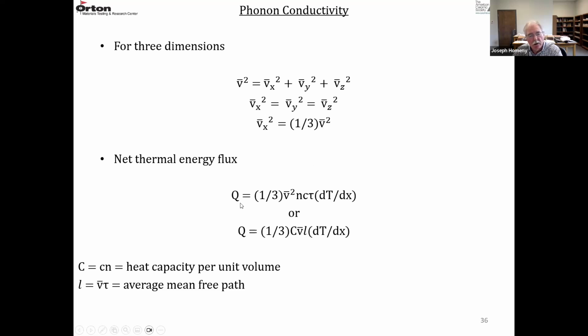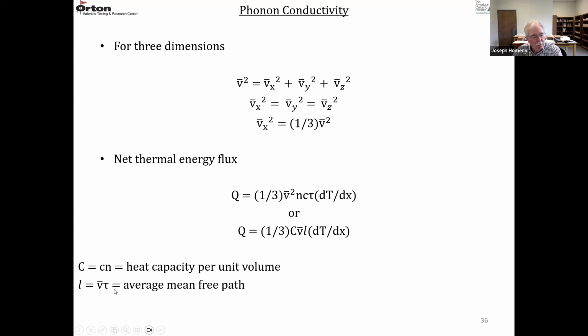So the net energy flux equals 1/3 V squared n C tau dT/dx. Or if we multiply n times C, where C is the heat capacity for an individual gas molecule and n is the concentration, that will give us the heat capacity per unit volume. So that's capital C.